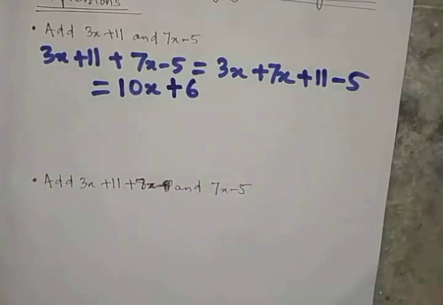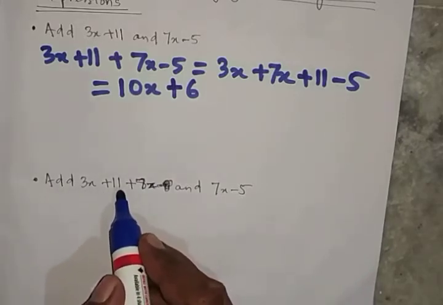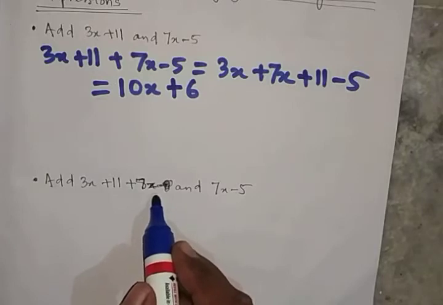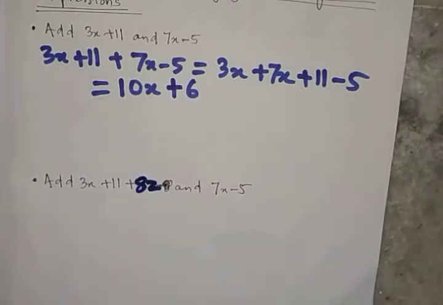So this is about adding like terms, adding or subtracting algebraic expressions. Like this, you can do this one also: 3x plus 11 plus 8z and 7x minus 5.